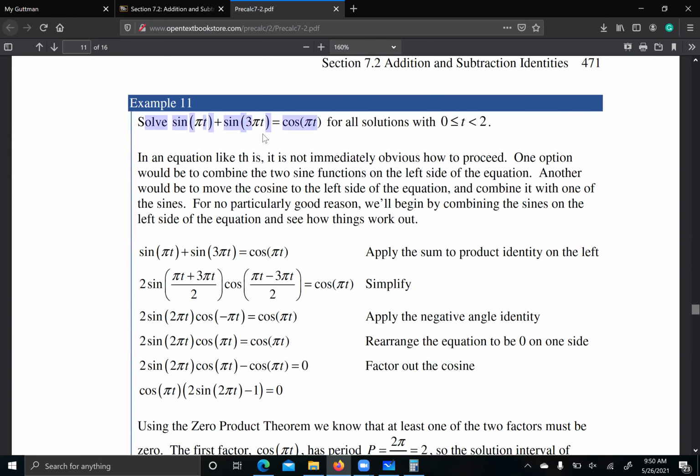Okay, I'm gonna show you number 11. Number 11 says solve this equation. So this equation contains trig functions.